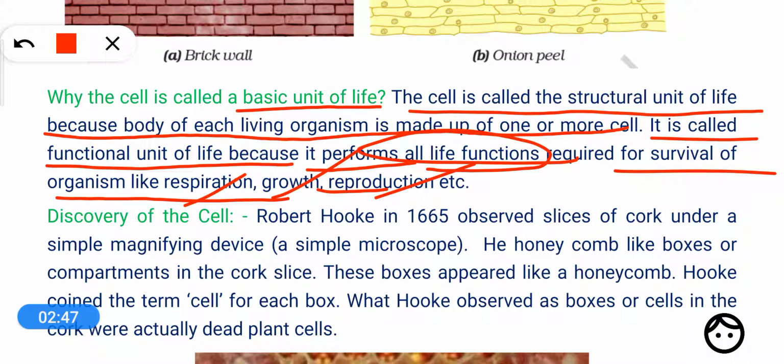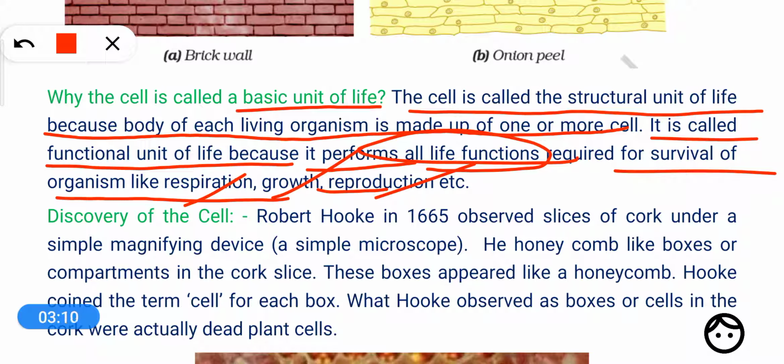In the body of a living organism, for example a human being, these functions are done by cells. So all life functions of a living organism's body are done by the cells of the body. This is why the cells are called the functional unit of life.